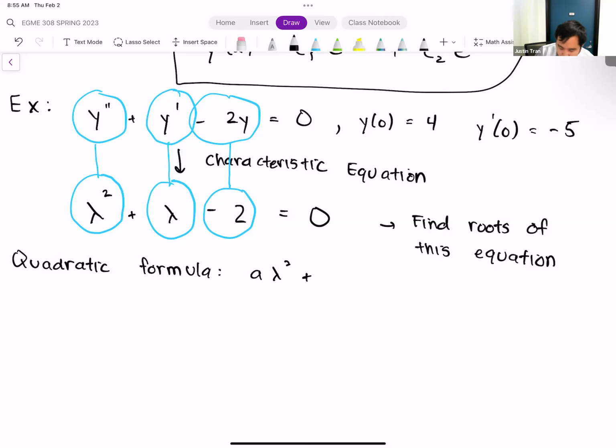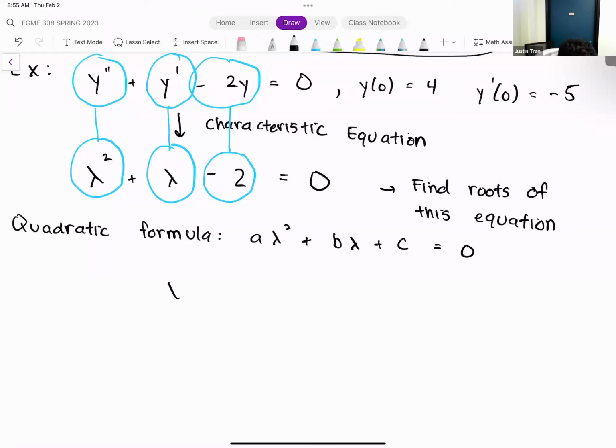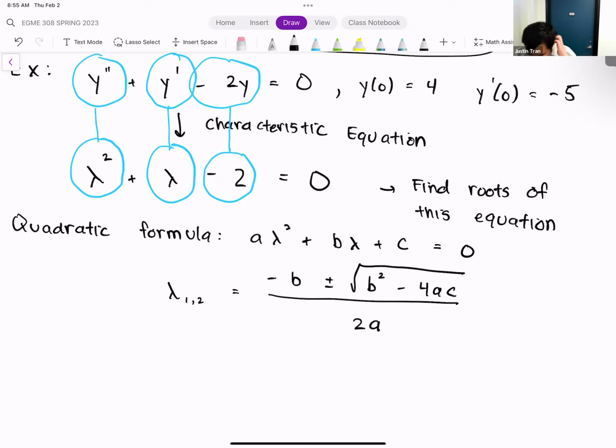If we have a quadratic equation that's a lambda squared plus b lambda plus c, okay, then the roots, lambda 1, lambda 2, are equal to minus b plus or minus the square root of b squared minus 4ac, all divided by 2a. Okay.